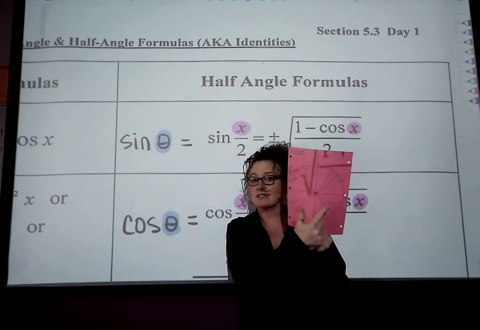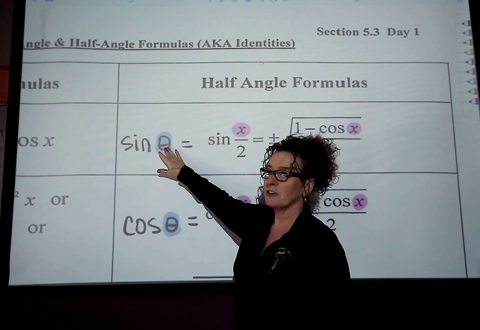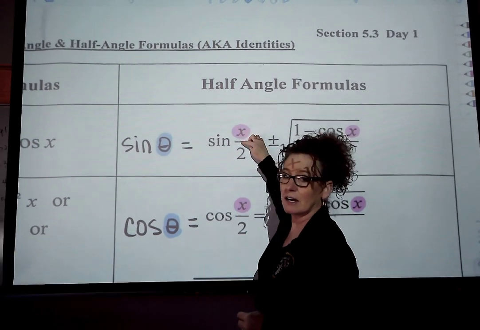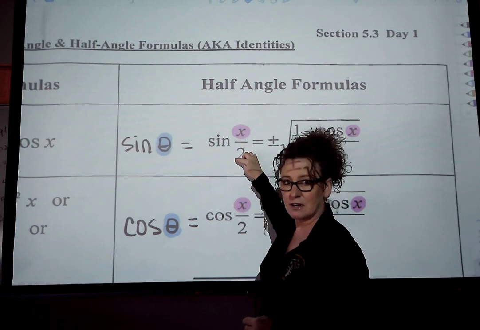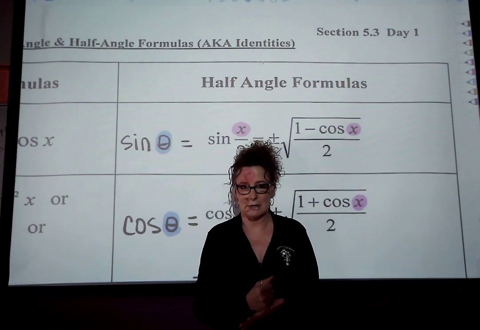The smallest angle that's on here is 30. So here's the cool thing. If I want sine of 15 degrees, the cool thing is 15 is 30 cut in half. And we can do all kinds of things with a 30-degree angle because it's one of our common angles.